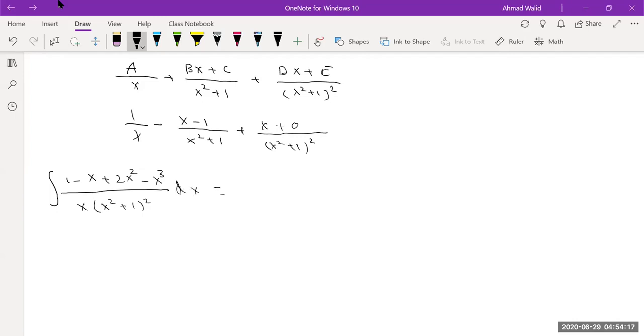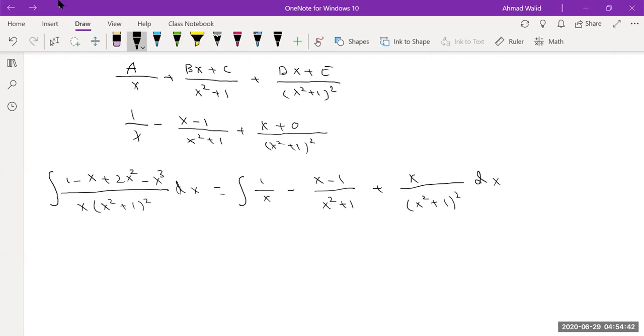This equals this partial fraction integral of 1 over x minus 1 over x squared plus 1 plus x over x squared plus 1 all squared dx.